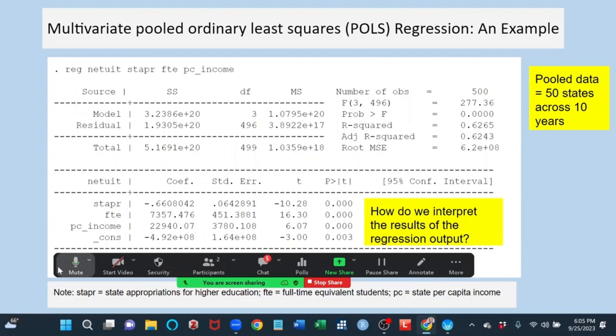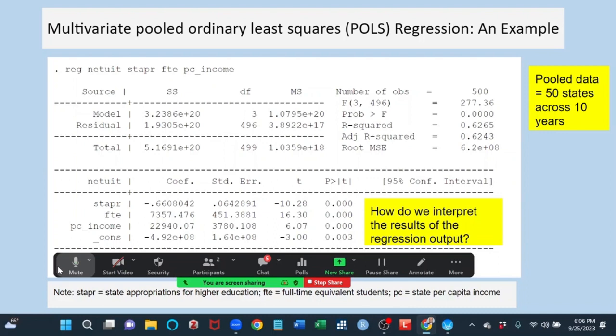Holding everything else constant. Okay? So that's something that when we present, or when we write, we always have to say. We're holding these other variables constant. We're not changing these. First, we have a negative relationship, and then we have specifically this value, right? For every dollar increase, there's a 66 cents decrease in net tuition revenue.